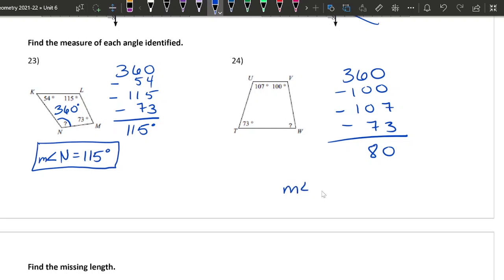So the measure of angle W is 80 degrees. We're looking for this one.